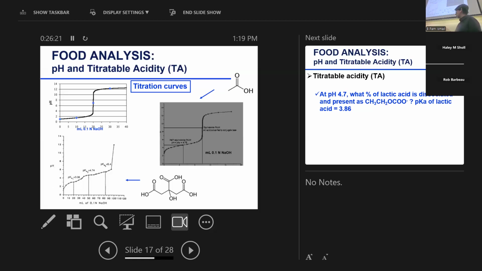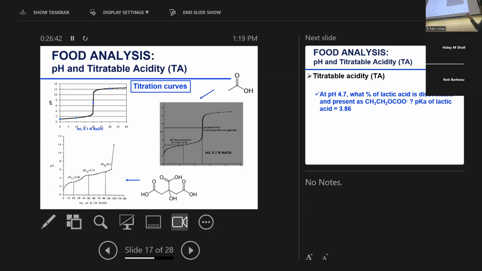That means you're adding NaOH and you hardly see a change in the pH. And you continue adding beyond the pKa value to the next pKa, you see a little bit of plateau, to the third pKa, and then you see a sharp increase after neutralization happens.